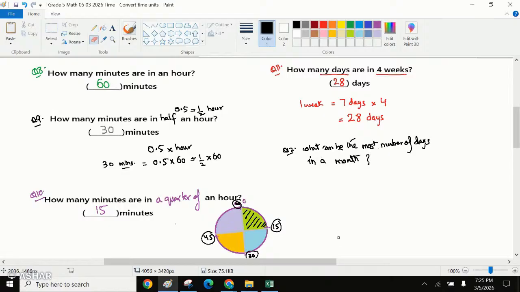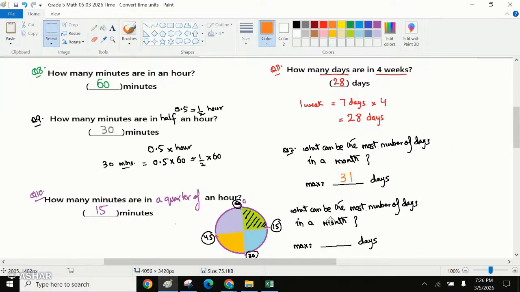We are looking at the maximum number of days, right? Most number of days. Can they be 30? They cannot be 32 days in a month, right? There has to be 31 days, like March is a 31-day month.